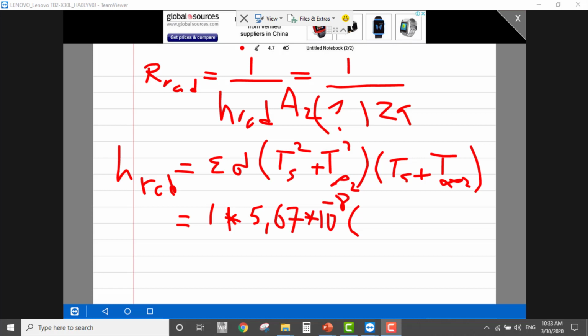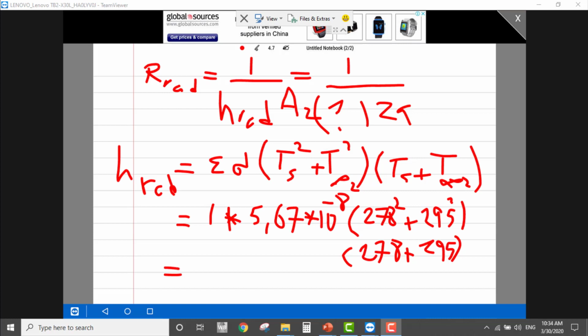Should we substitute it in Celsius, or must we convert it to Kelvin? Yes, we must convert it to Kelvin. So 5 plus 273 equals 278 squared, plus 22 plus 273, this is equal to 295 squared, multiplied by 278 plus 295.